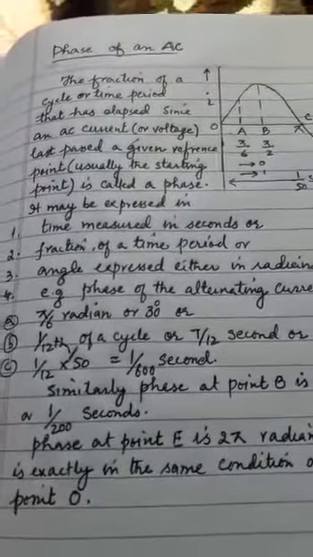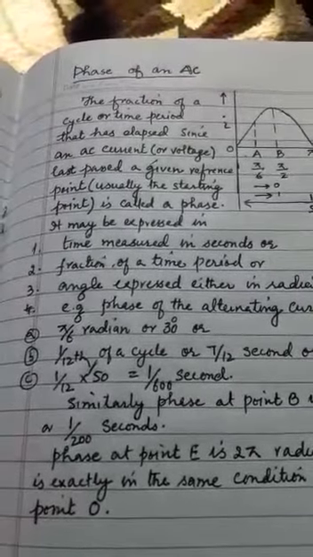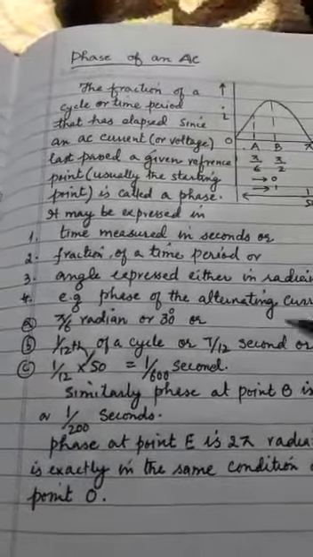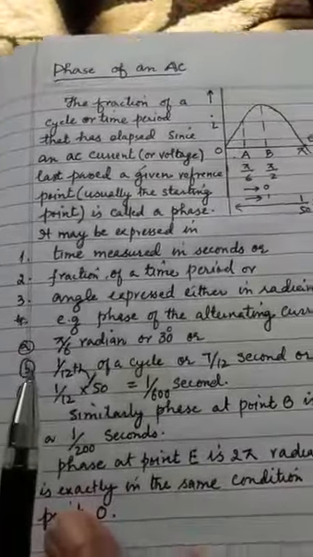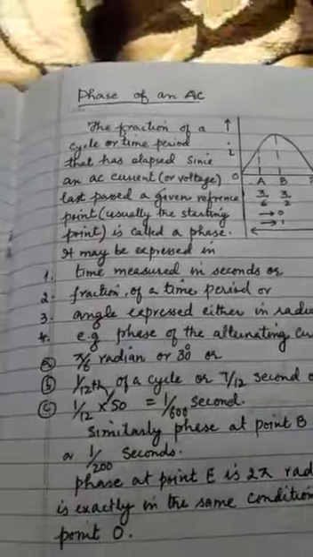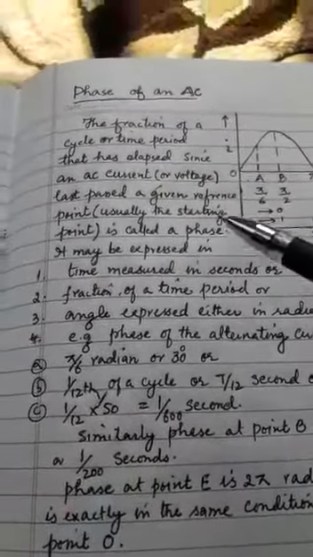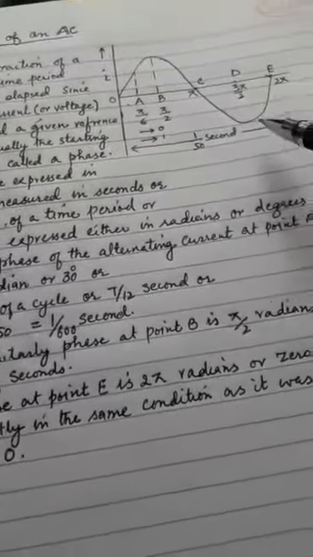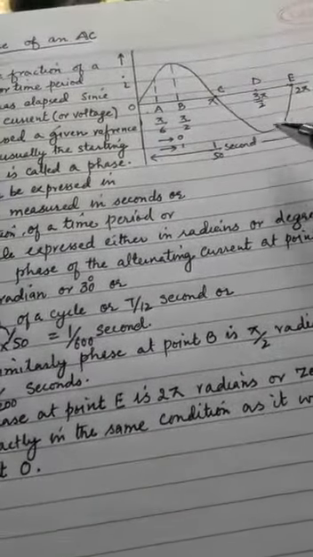Dear students, I will discuss with you the phase of AC, alternating current. Phase is in your syllabus, so that's why I am discussing it here. This is a sine wave, a complete cycle of a sine wave.